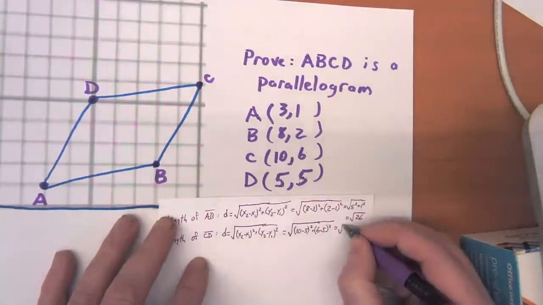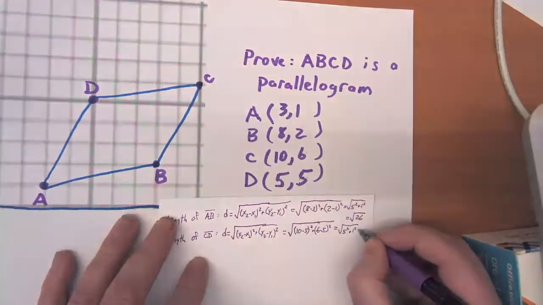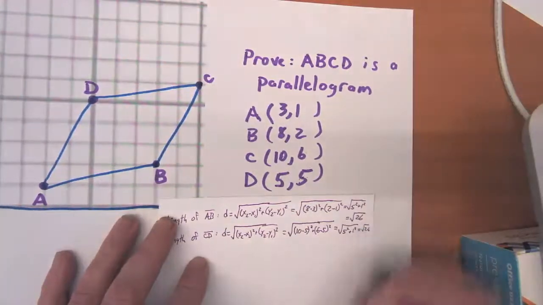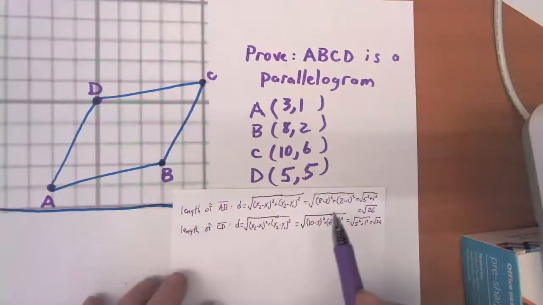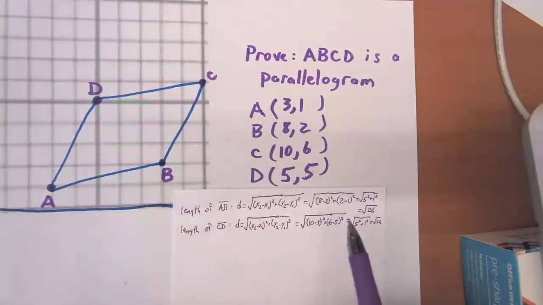And once again, we see that 10 minus 5 is 5, and 6 minus 5 is 1. So this is going to be the same square root of 26. All right. Is this enough information for us to show that the top and bottom sides of the quadrilateral are congruent to each other?